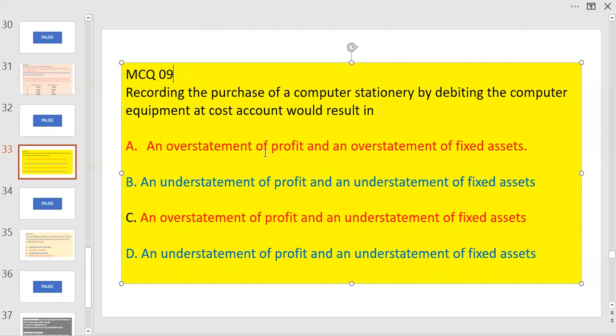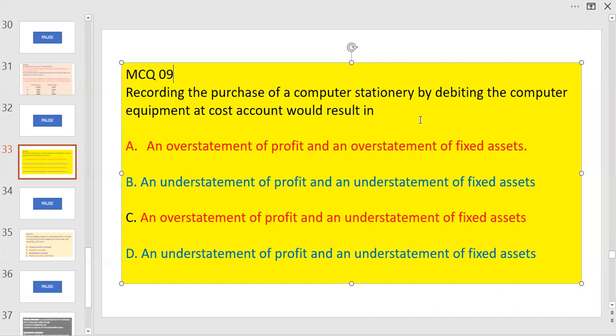Now here, you know where the word expense is mentioned. Quite naturally, if you think carefully, when expenses are understated, profit is naturally overstated.